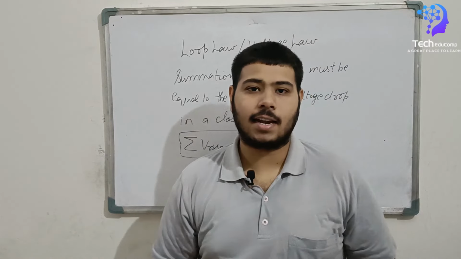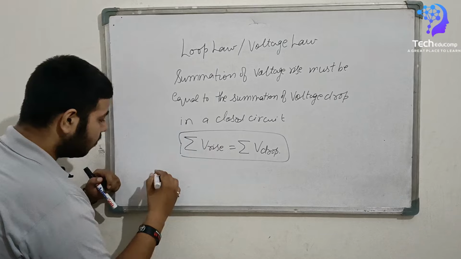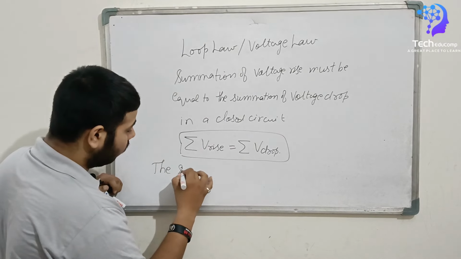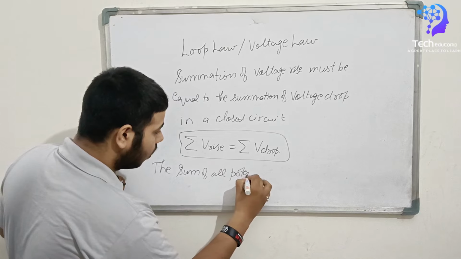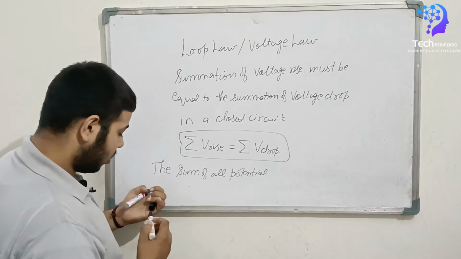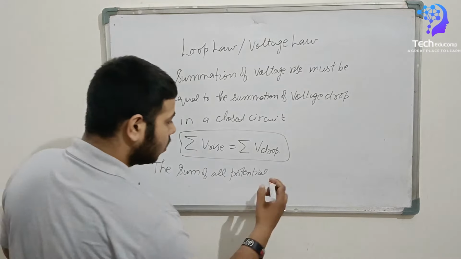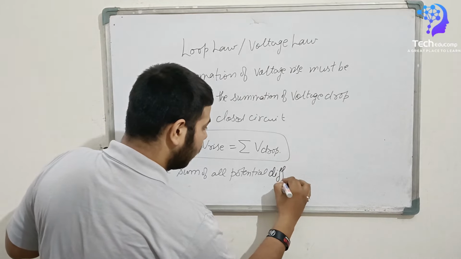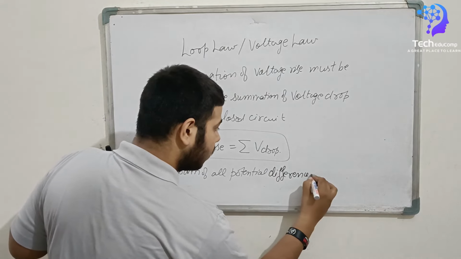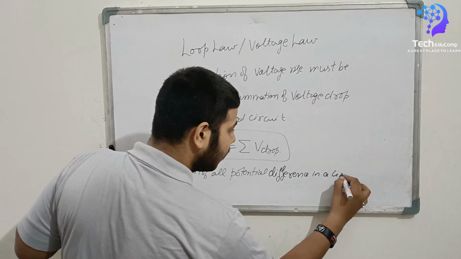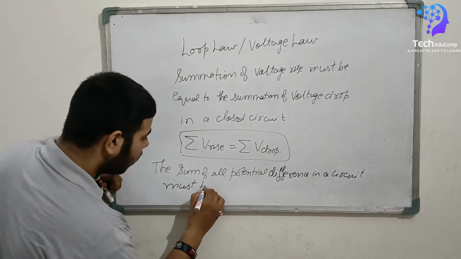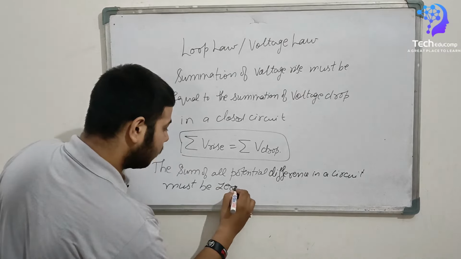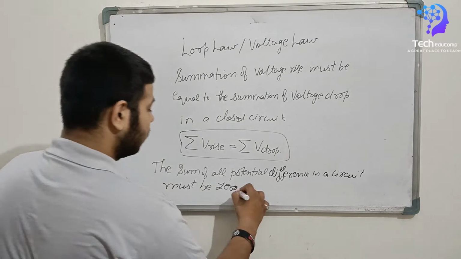So I can say that the sum of all potential differences in a circuit must be 0.